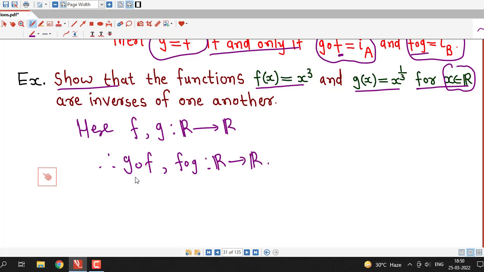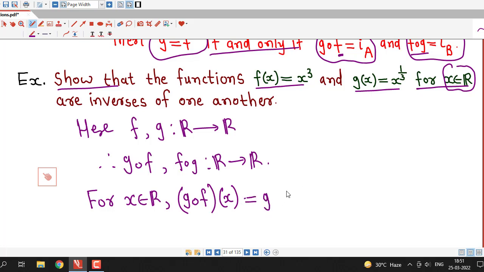So now first we check what the composition gof is. For that we take any element in the domain of gof. For x belongs to R, we check what we obtain for gof, the value of gof at any point x.